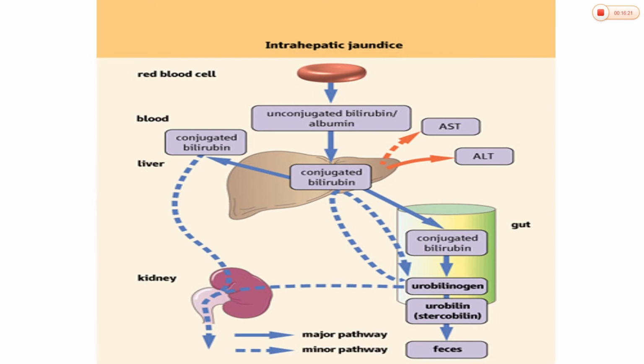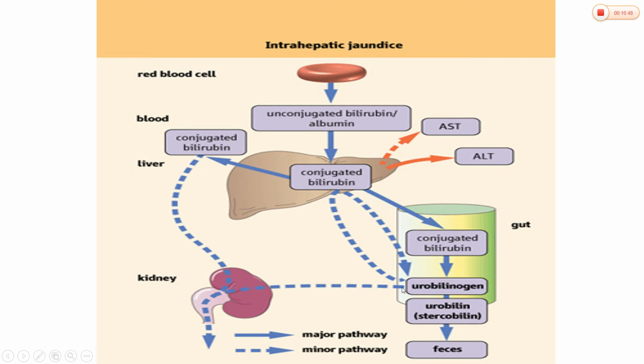So this whole process, from the senescence of the red blood cells or the production of the unconjugated bilirubin from the heme, to the conjugated bilirubin in the liver with the help of glucuronic acid, and this conjugated bilirubin getting into the intestine, and this urobilinogen getting converted into different forms.